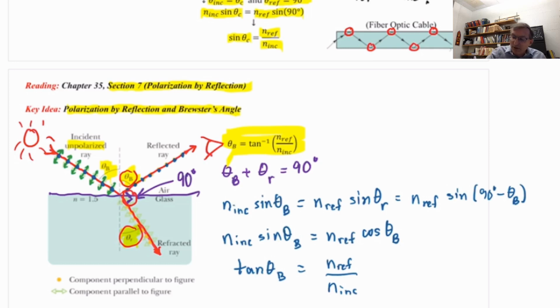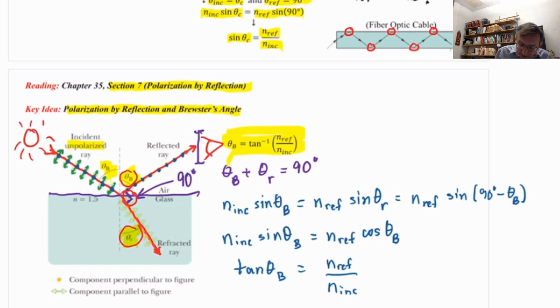So if the person puts on a pair of sunglasses in front of their eyes with the transmission axis perpendicular to the surface, then all of that horizontal reflected ray gets absorbed by the polarizing sheet in the sunglasses.